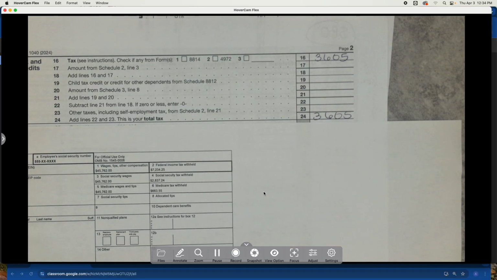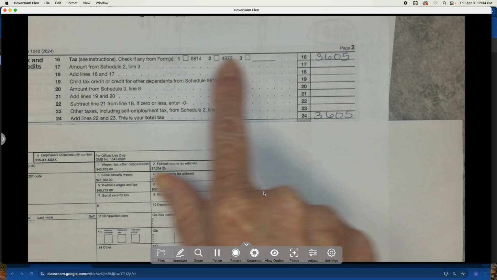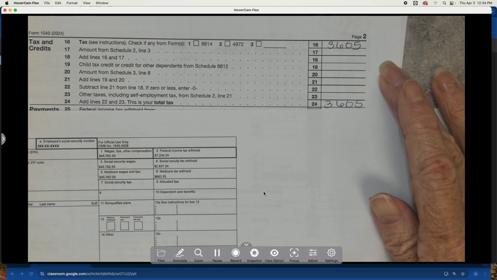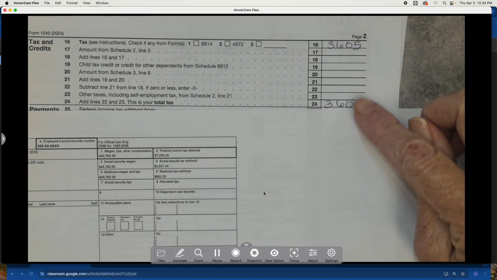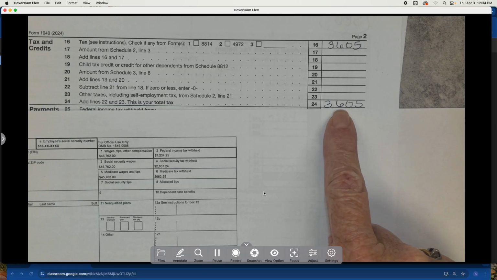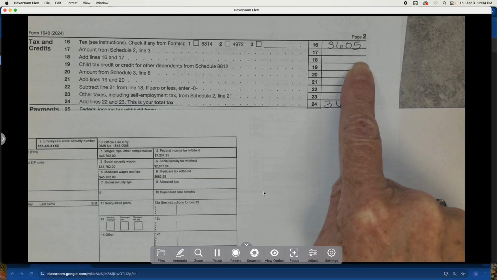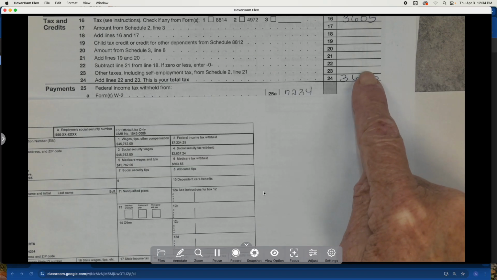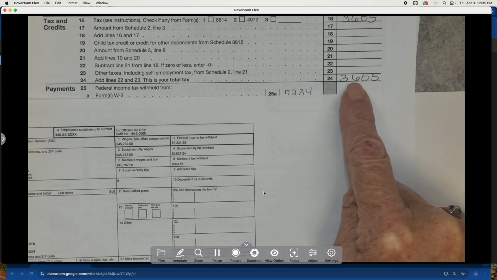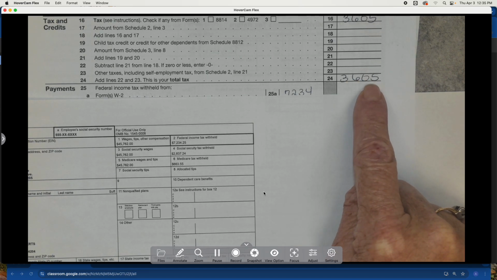Okay, so we have the tax that we see in the instructions, and we are putting that tax up at the top. Currently, we're not going to put anything else, so we got $3,605. That is the tax that we should owe to the federal government.